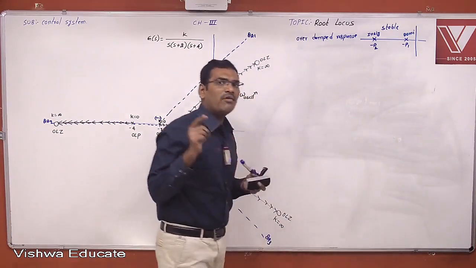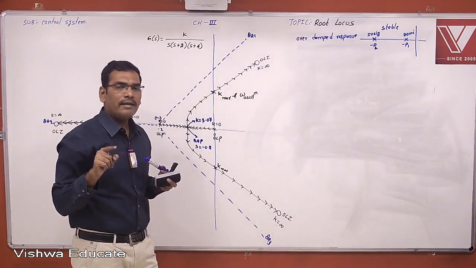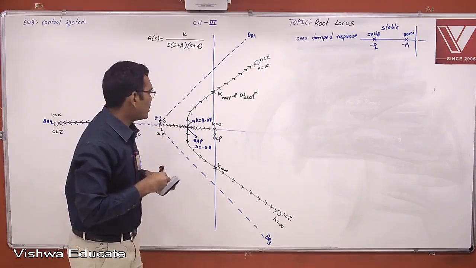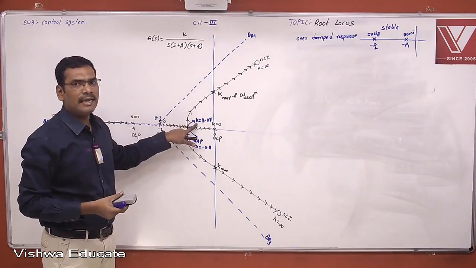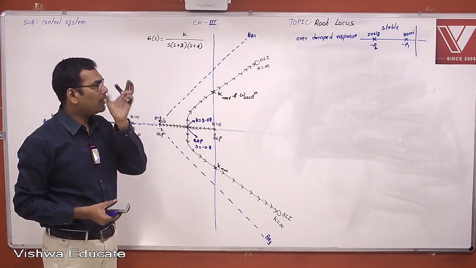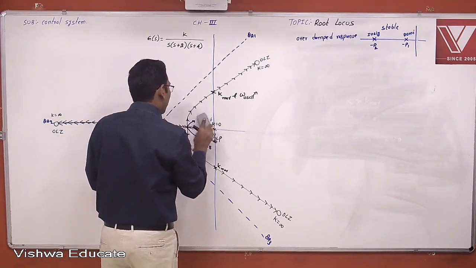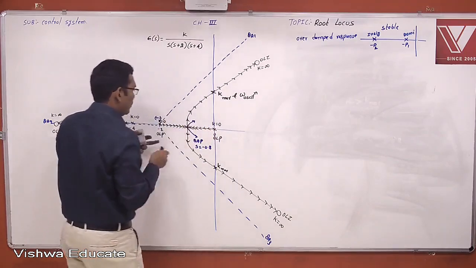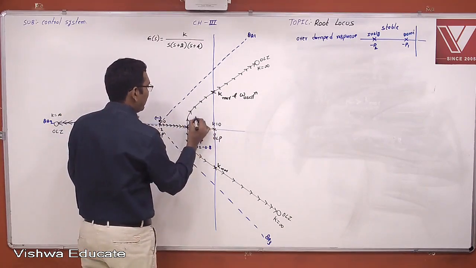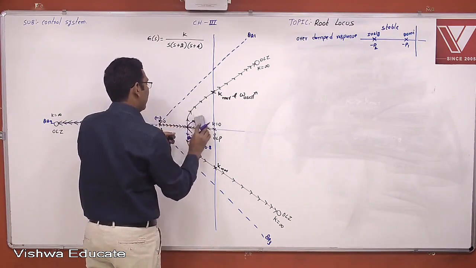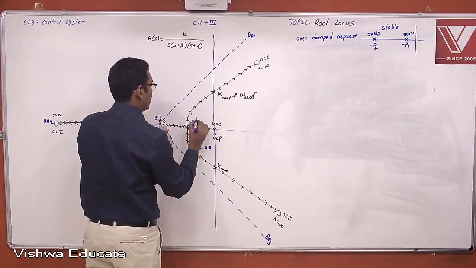Now the question he is asking is, when will the root locus diagram appear like this with respect to breakaway point gain or with respect to break-in point gain? Let us assume this is the gain at breakaway point, K1.